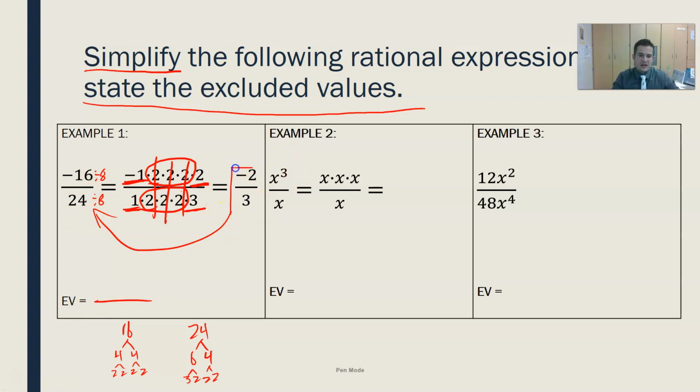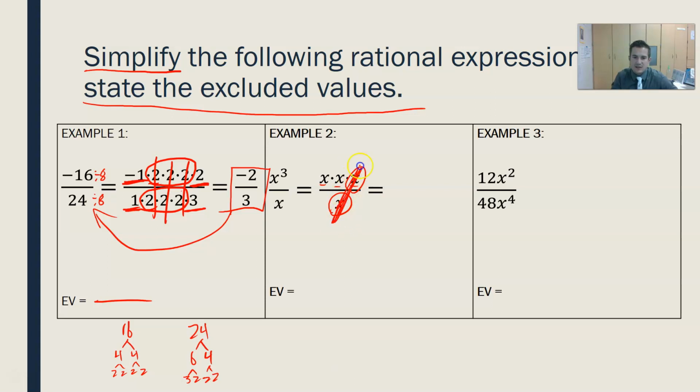So, I now have a problem that says x cubed divided by x. I want to simplify that rational expression and state the excluded values. So x cubed I can write as x times x times x. X in the bottom I can just write as x. And the greatest common factor between both the numerator and the denominator is an x.